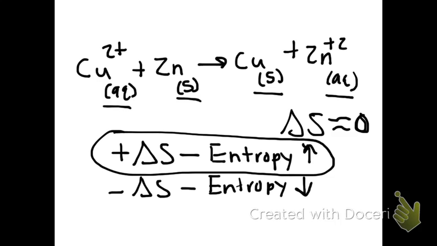Alright? Now, this is a lot, I know, and I would seriously go back and re-look at this video and replay it. You're going to need to know how to do this for the quiz, to predict the sign of delta S for any process that I give you, whether it's positive, negative, or not changing at all. Okay, so go back, look at these examples, look at this video, think about this closely.